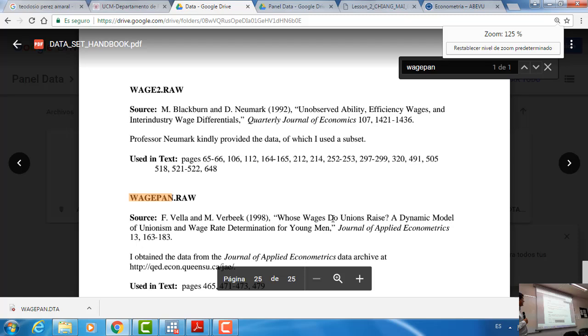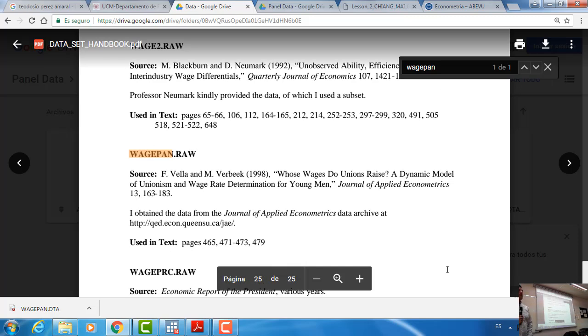So now Angel is showing you what type of data it is and where you can get more information about those data. There is a lot of information in the material that we put up for you, and you may want to look at that information just to have some background.